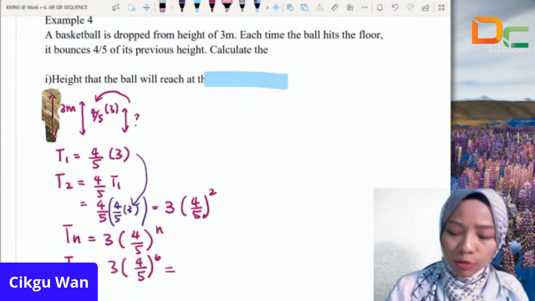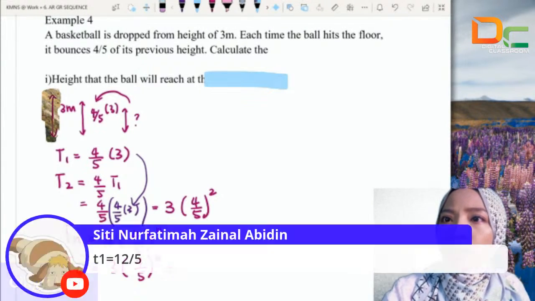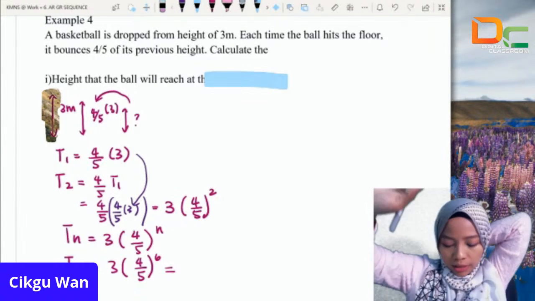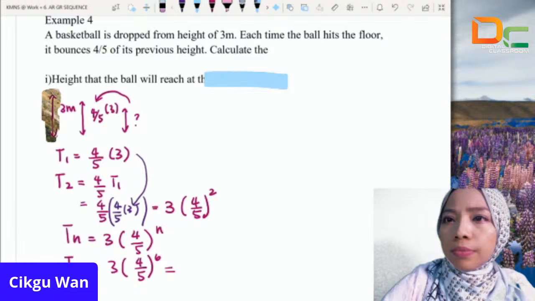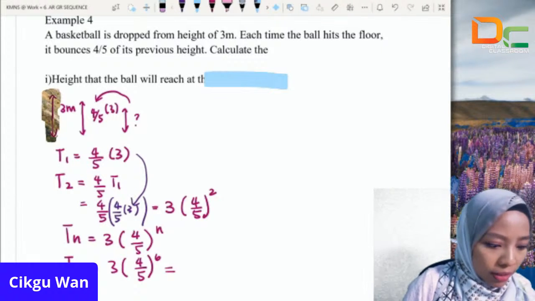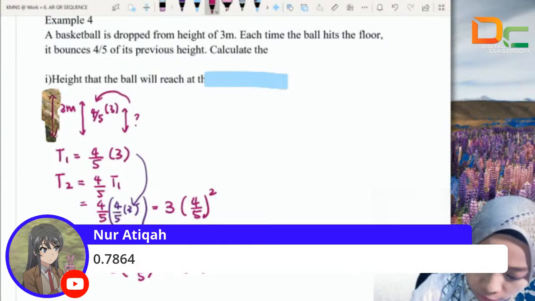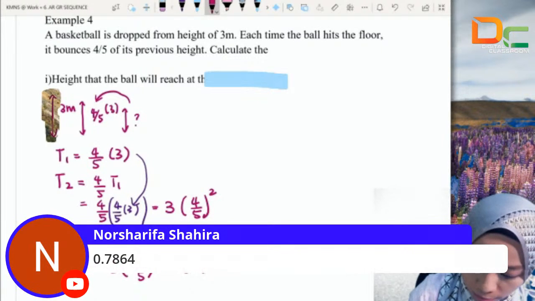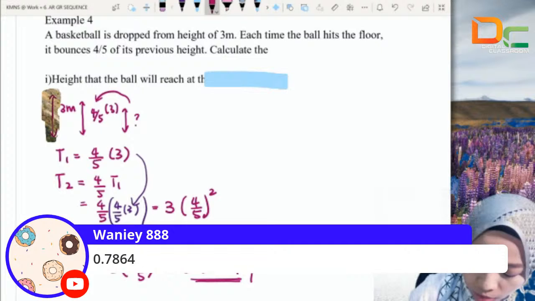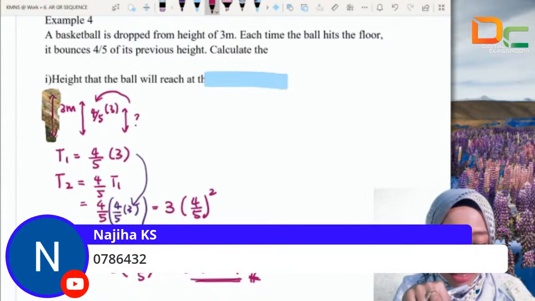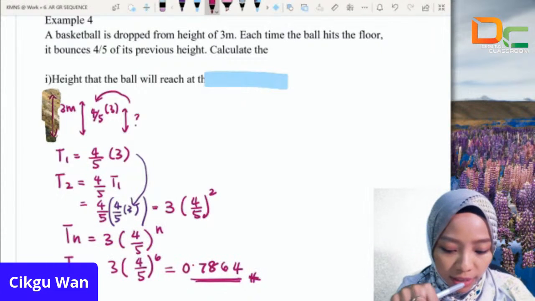Calculate 4/5, not times, but to the power of 6, times with 3. 0.78. Okay, give your answer in 4 decimal places. For those doing the assignment, I really hope this will help, as the bouncing questions are the same.